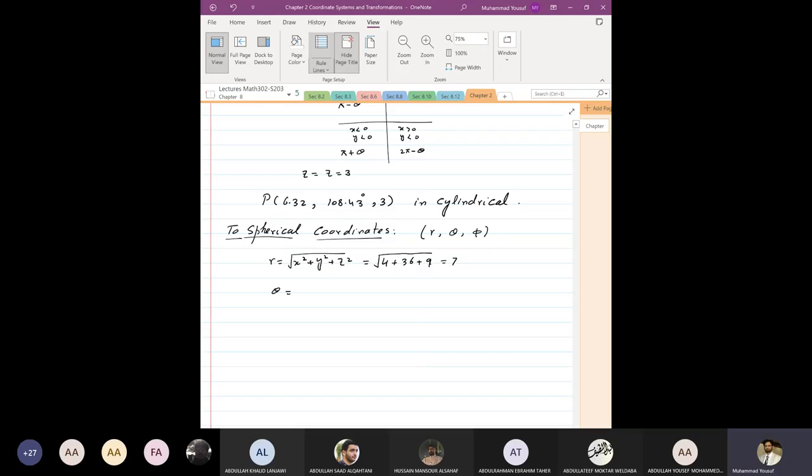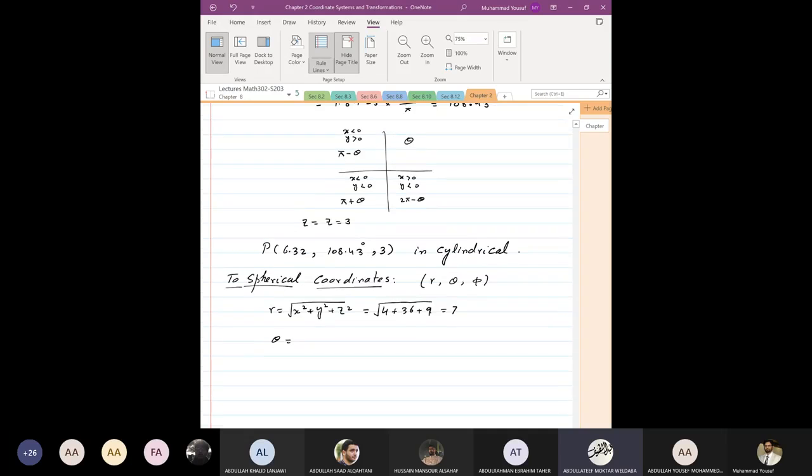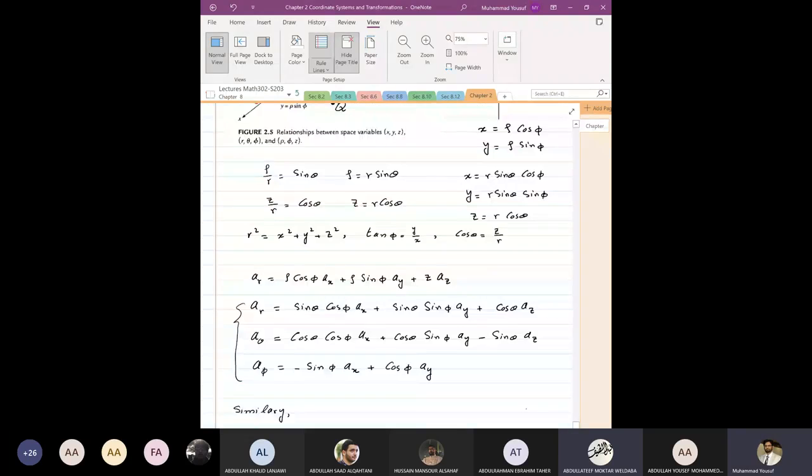Tan of theta equal to tangent inverse of y over x, I think, here but theta equal to z over r, that is cosine theta.